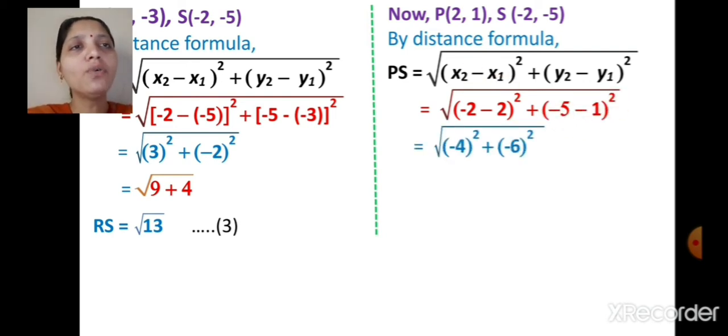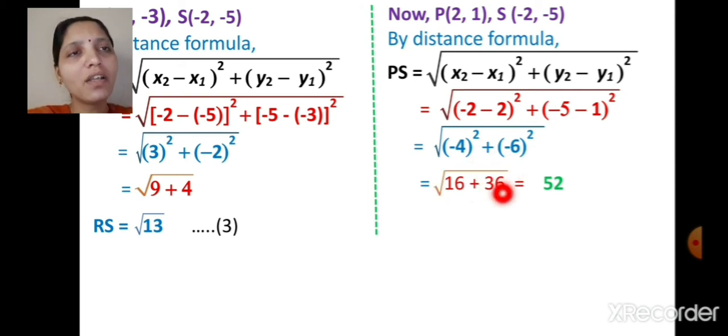That is equal to, now minus 2 minus 2 is minus 4 bracket square plus minus 5 minus 1 is minus 6 bracket square. So you will get here square root of, minus 4 square is 16, minus 6 square is 36. So 16 plus 36 is square root of 52.